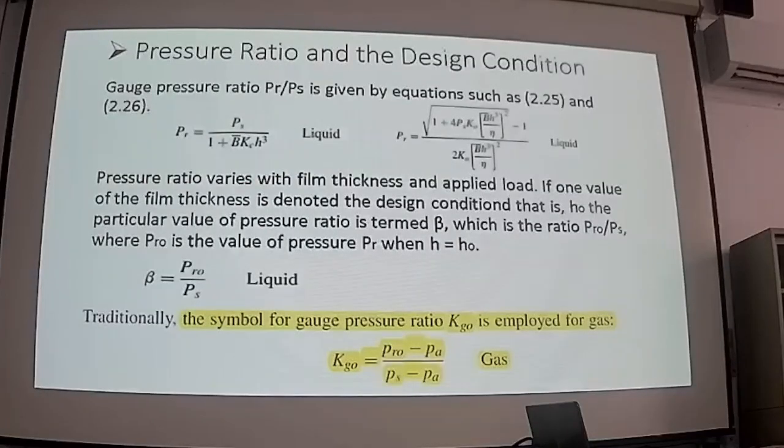So this is the equation for the PR for the hydrostatic bearing.